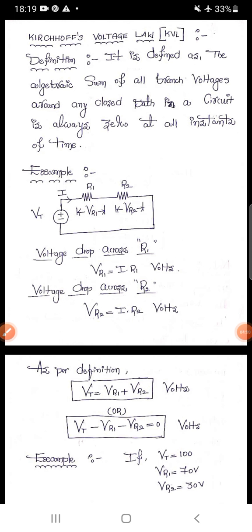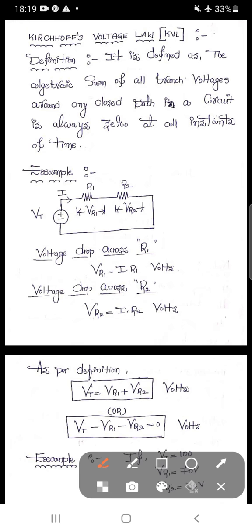But to verify this, first we need to know the current flowing in the circuit. If you know the current flowing through the elements, then with the help of that current there is a possibility to find the voltage drops VR1 and VR2.